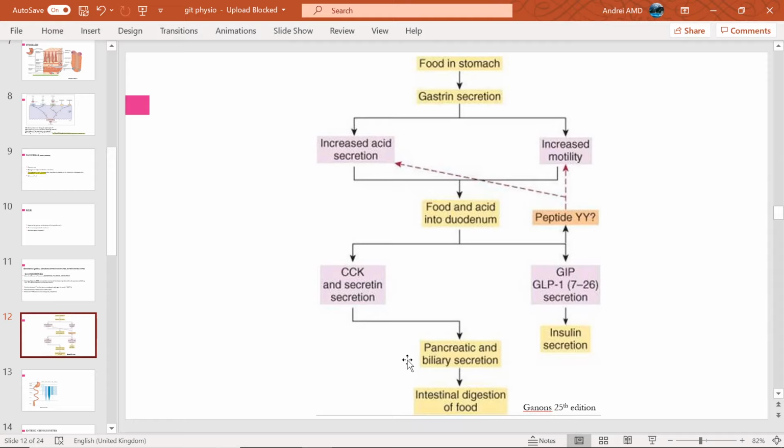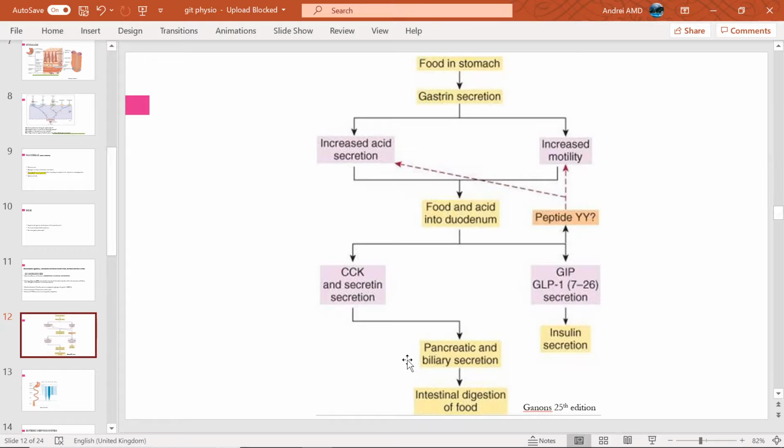So these pictures are a nice way of revising. Just see the picture and ask, can I explain what is going on here? I think that's how you should study physiology, or that's how I studied it, because you should be able to tell the story from the top to the end. So this happens, and then this happens, and that's why this happens, and at the end you get this kind of thing.